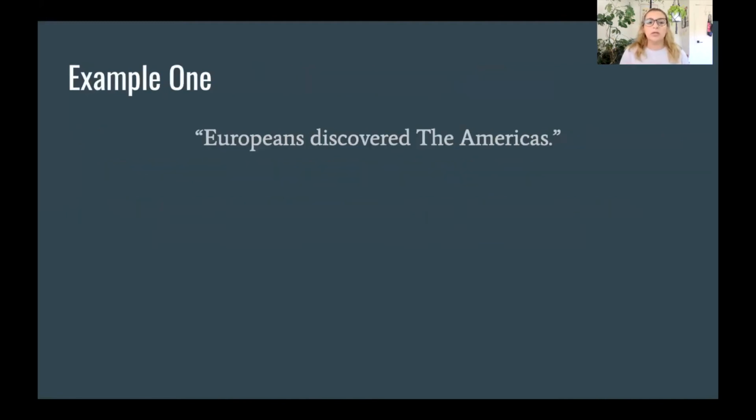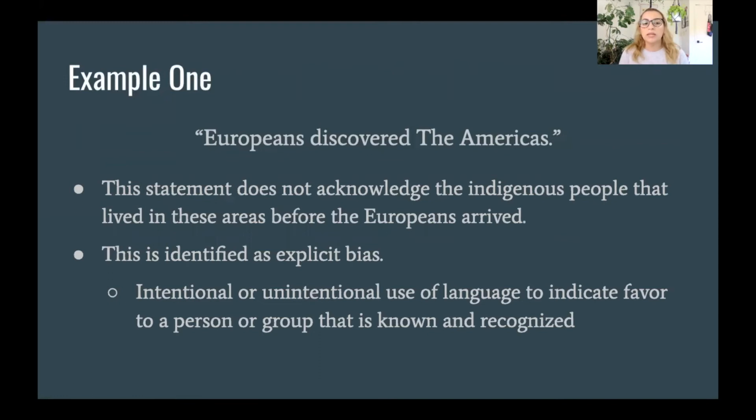Our first example is "Europeans discovered the Americas." So this statement does not acknowledge the indigenous people that lived in these areas before the Europeans arrived. And we can identify this as explicit bias, which is intentional or unintentional use of language to indicate favor to a person or group that is known and recognized.